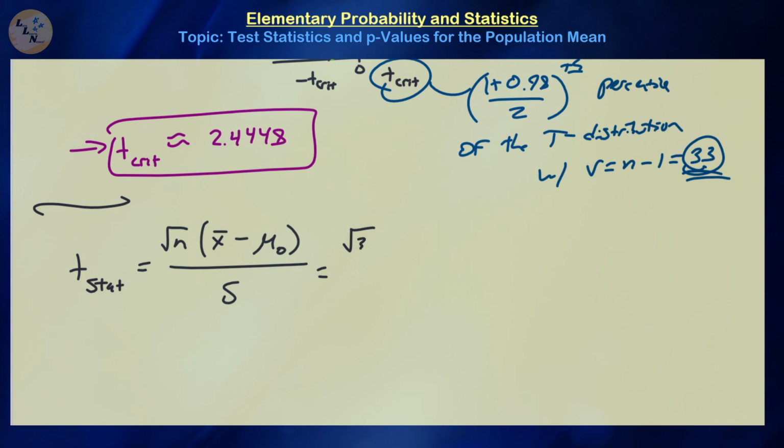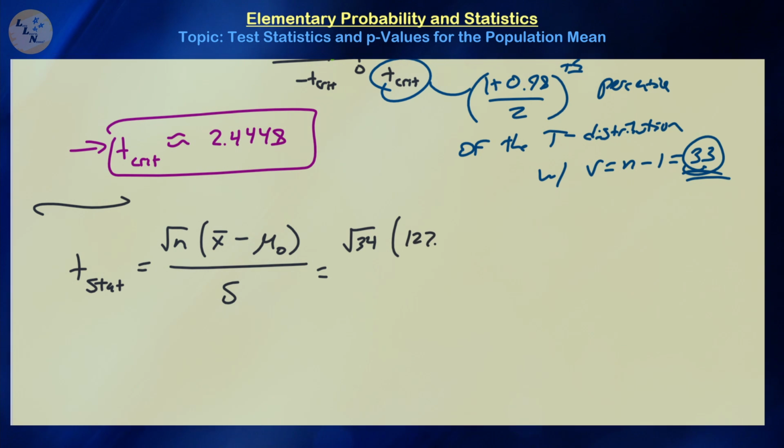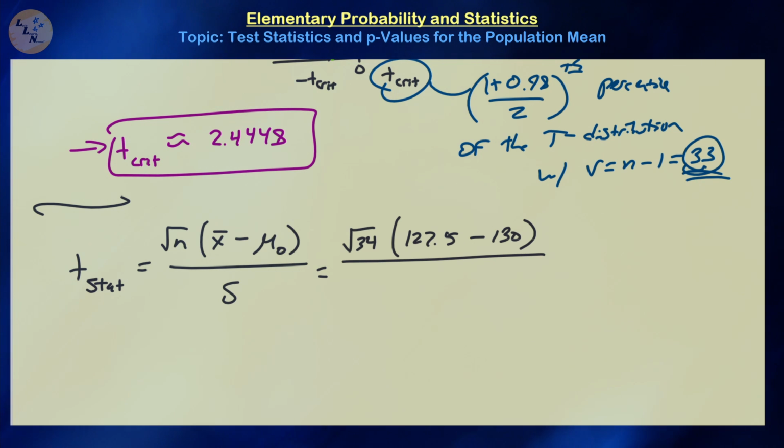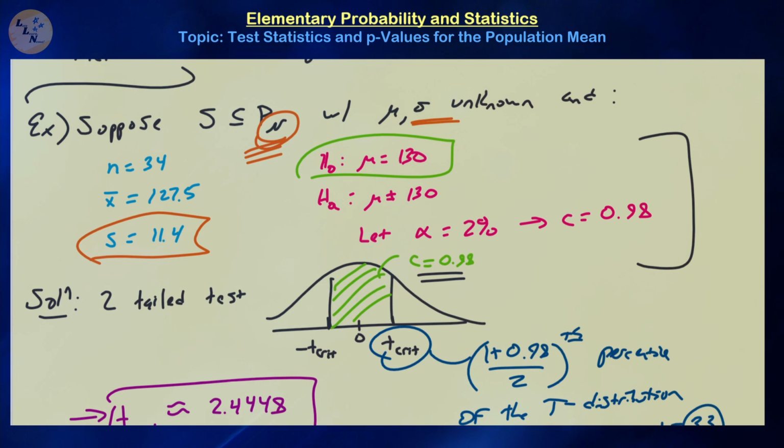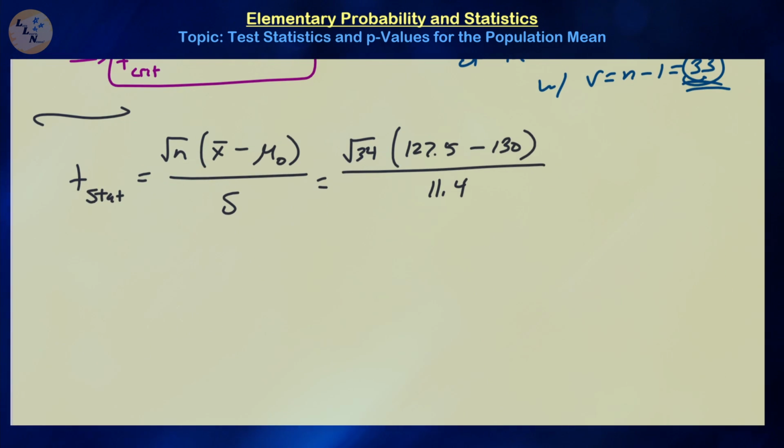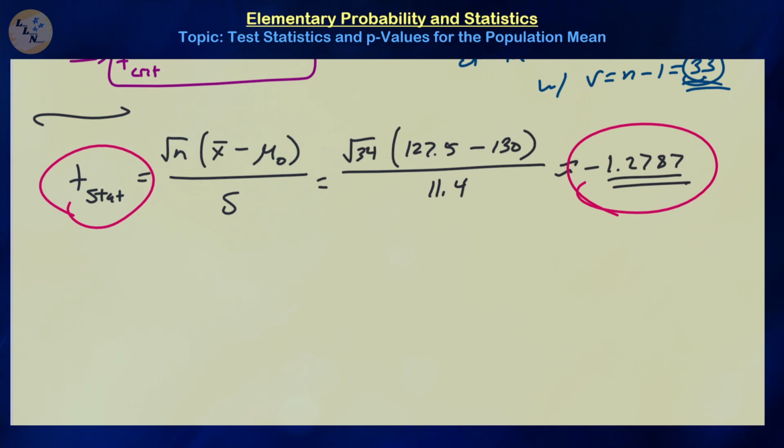So that's going to be equal to the square root of 34 times the obtained sample mean, 127.5, minus the claimed value of the population mean, divided by our sample standard deviation. These numbers are just coming from the premises that I laid out in the very beginning. Once you go through these calculations, that's approximately equal to negative 1.2787. So this is our test statistic.